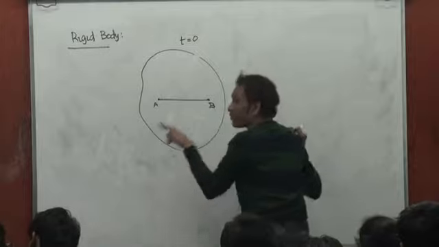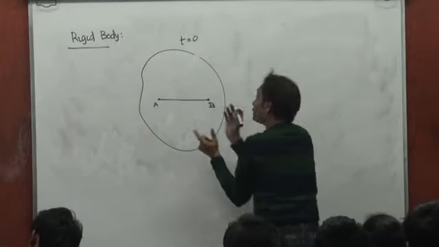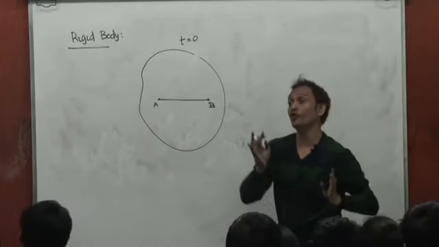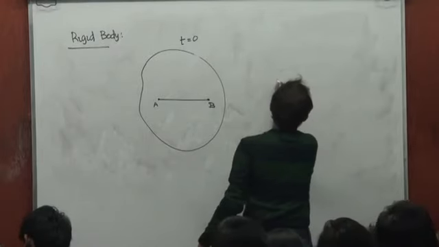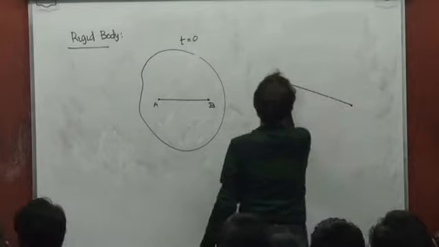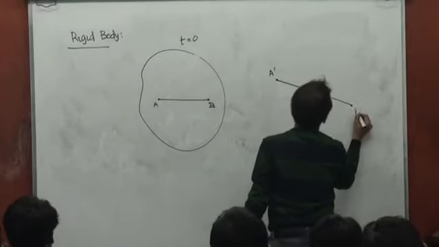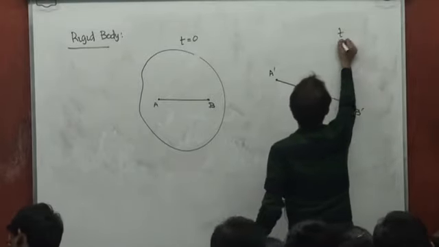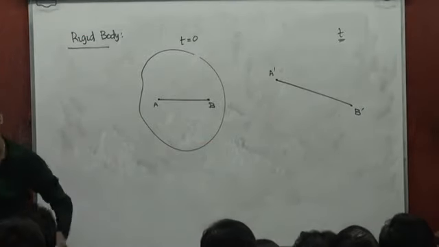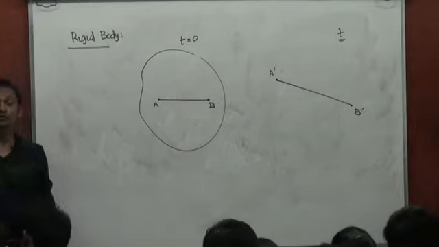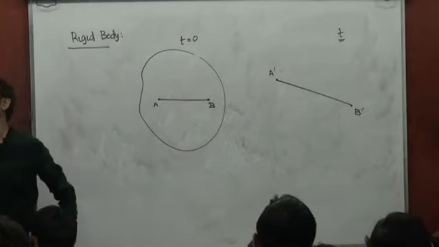After a while, you find that AB gets reoriented. Say at a certain instant of time t, the position of AB now becomes A prime, B prime. What then will measure the omega of the rigid body?